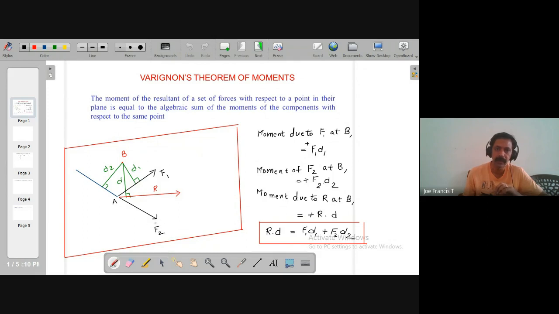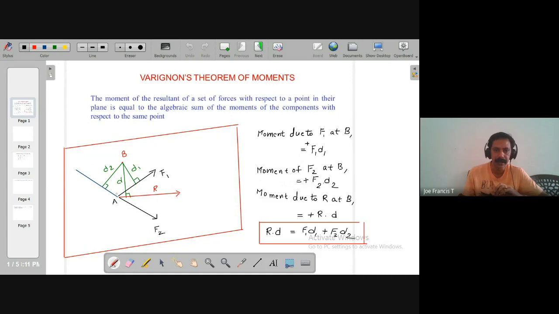Right? Moment due to F2 at B is F2 D2. Again, this also will produce an anti-clockwise moment. So plus F2 D2. So the algebraic sum of the moments due to the components means you add up these two. So that is F1 D1 plus F2 D2.